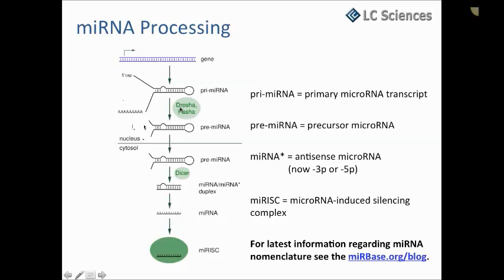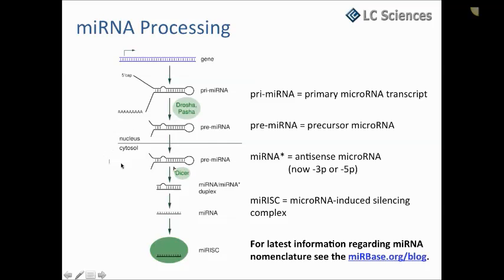This then gets processed via Drosha and Pasha, enzyme complexes, to the so-called precursor microRNA, which is extremely stable. All this is happening in the animal model still in the nucleus, and this precursor microRNA then gets transported into the cytosol and further processed by a Dicer molecule.